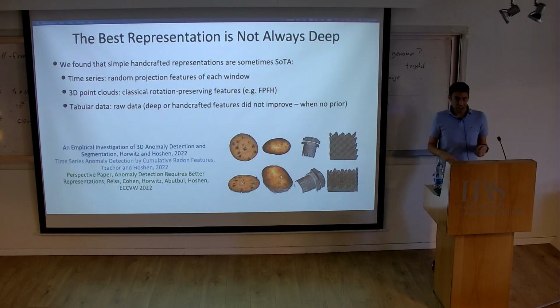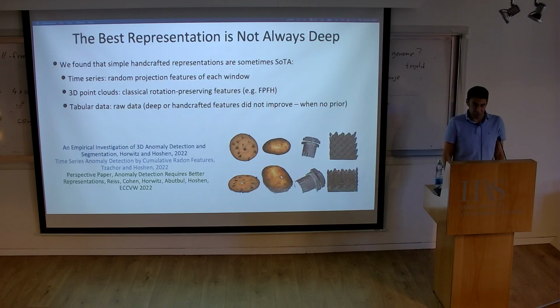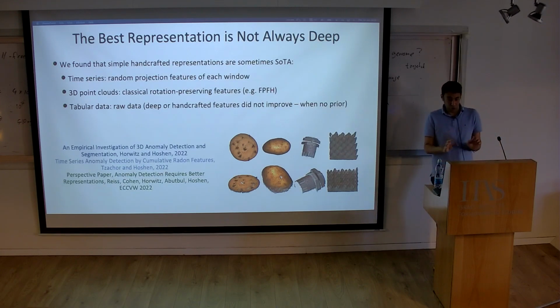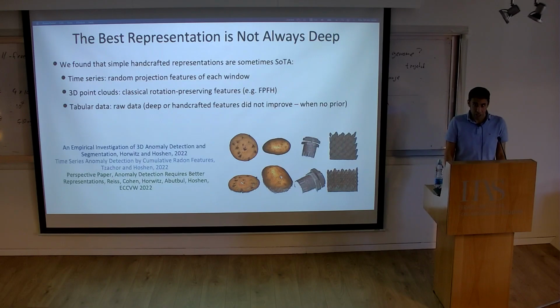So I think for us this was maybe the most disappointing result. If you have a tabular data set and you know nothing about this data set, then if I had to bet, I would just do k-nearest neighbors and would not try to learn any representations on it. We've tried that on quite extensive evaluations on many tabular data sets, and we've found that this trivial approach is as good as anything else that we have seen.